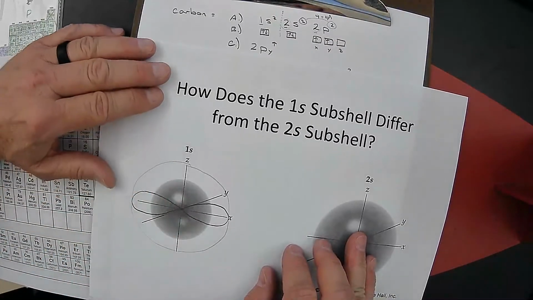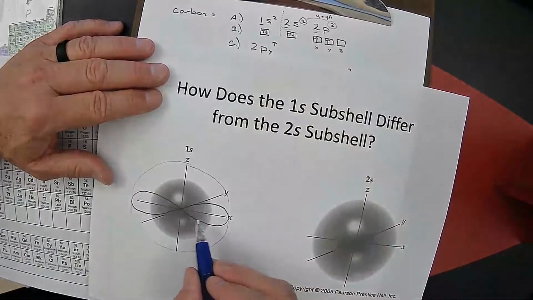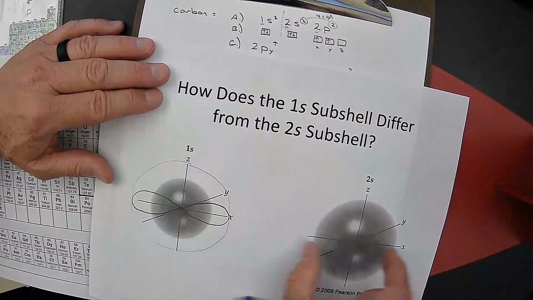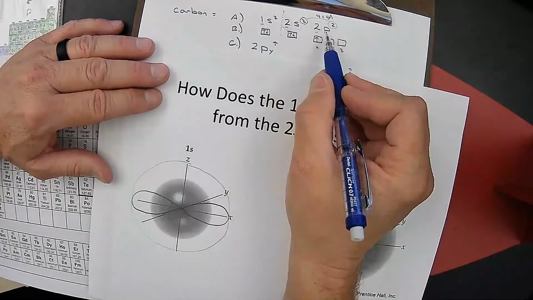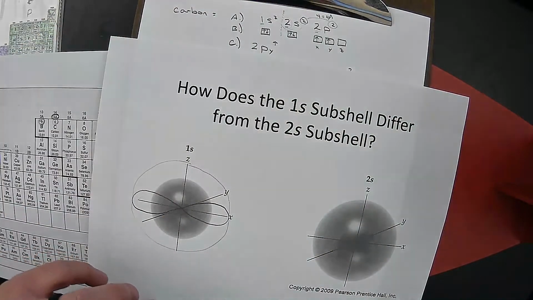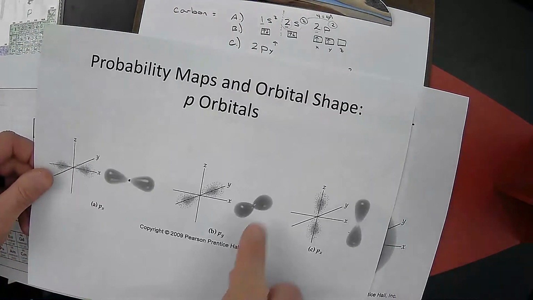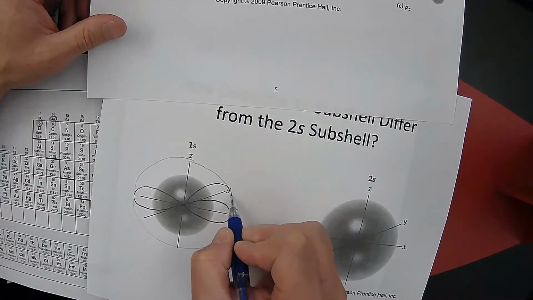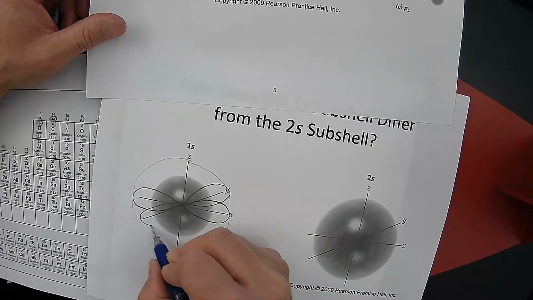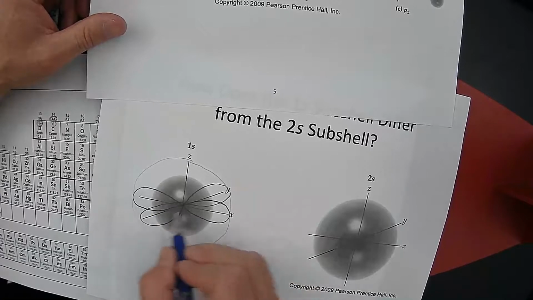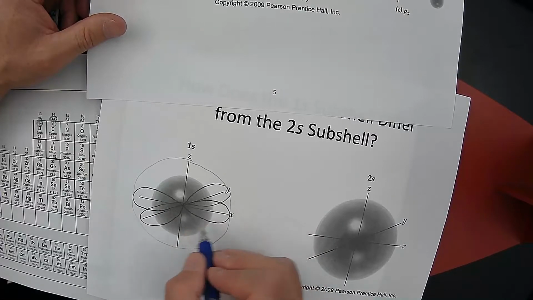Now, let's go back and look at carbon. Carbon has 2 electrons in the 1s, 2 electrons in the bigger sphere, the 2s, 1 electron in the 2px, but now we need to add in the 2py. So now, in three dimensions, there's an electron in the 2px flying around, and now there's an electron in the 2py.